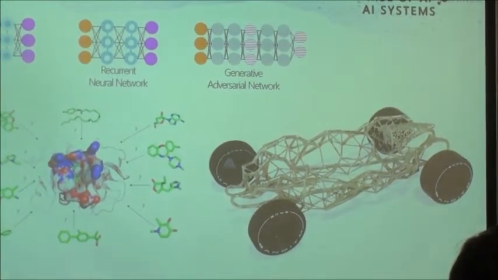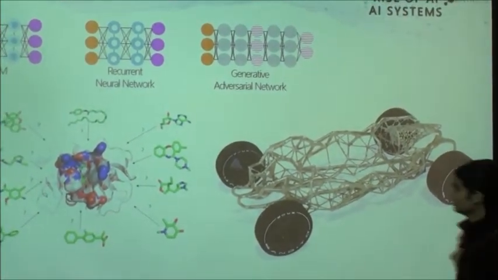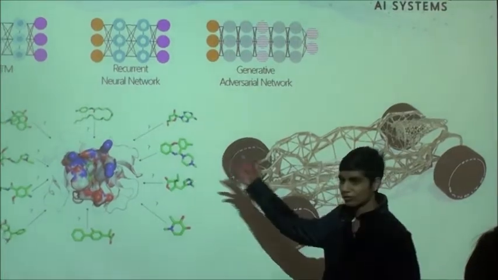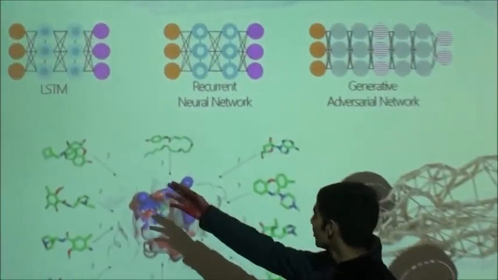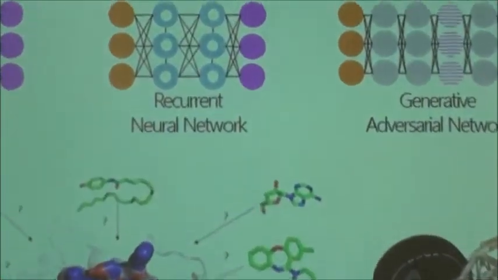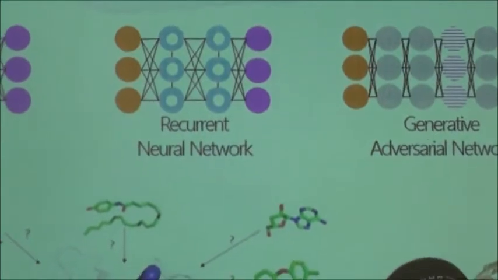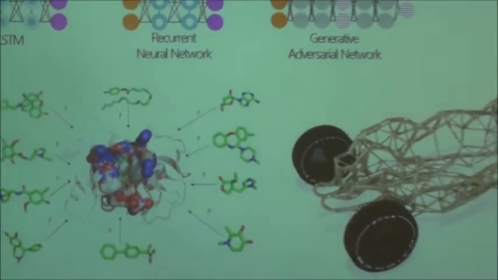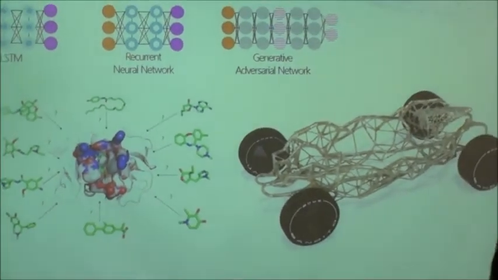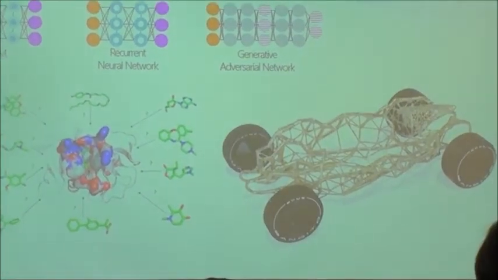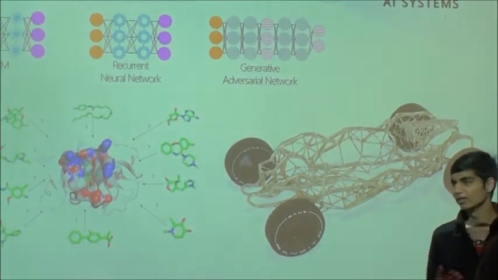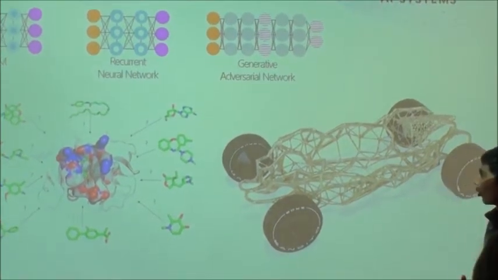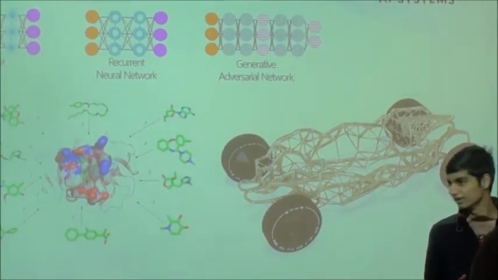So here you can see the models of various types of neural networks. We've got long short-term memory, recurrent neural networks, and generative adversarial neural networks. All of these have their own applications. The thing with neural networks is that they're a new form of machine learning, and they're much more effective than older models, such as linear regressions.